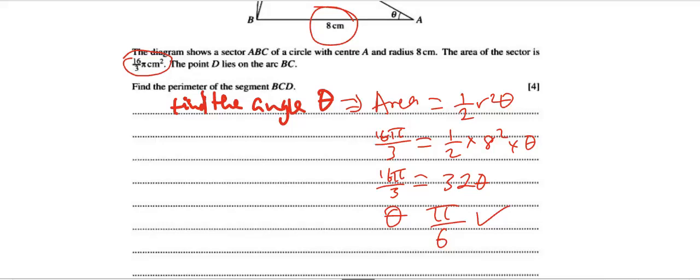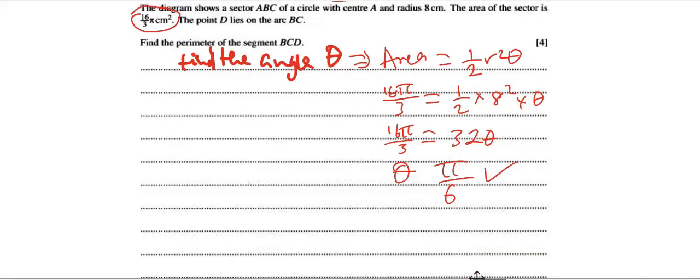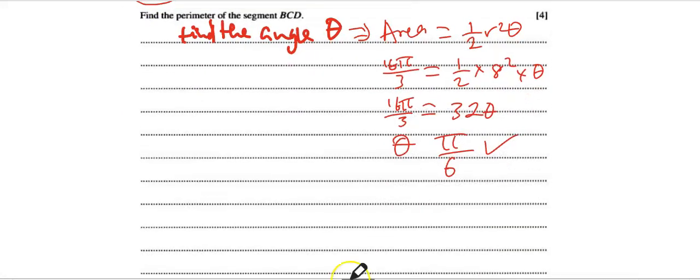Now we can look at the line BC, which is the arc. For us to find the arc, we can look at the arc length. What is the formula for arc length?